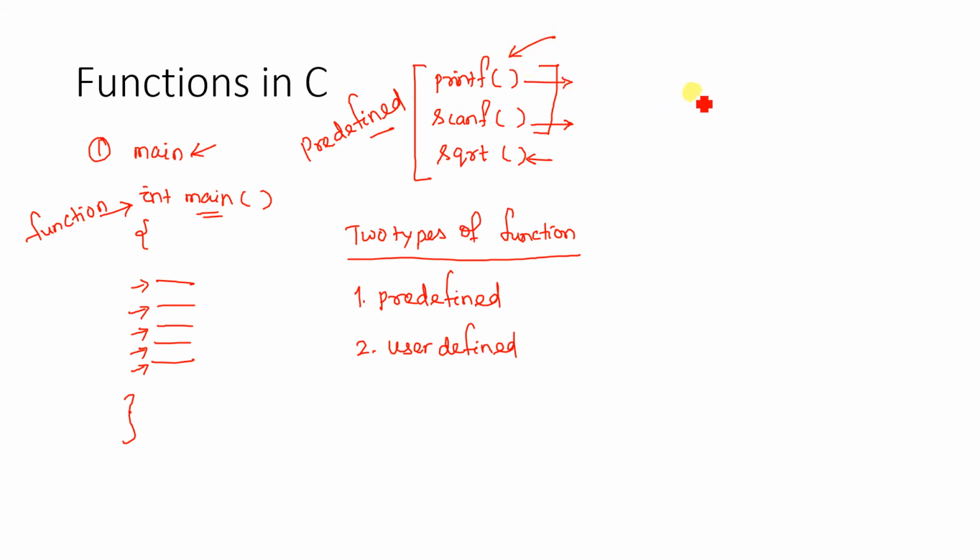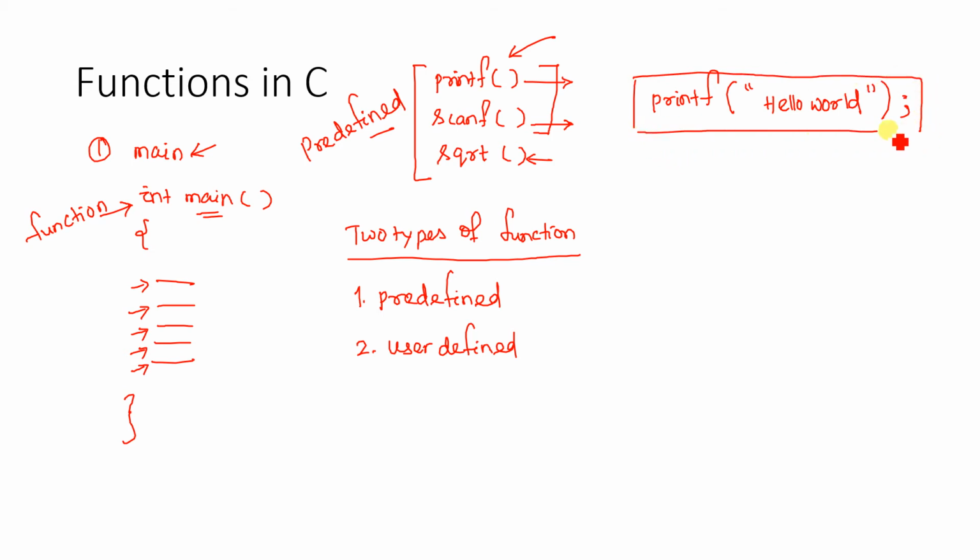If you remember, if I want to print a statement, I always told you that you should write something like this: printf, start the bracket, put a double quote, the statement you want to print, let's say hello world, then close the double quote, then put the bracket, then put the semicolon. Only if you write this line does the computer understand it properly and print this hello world on the screen.